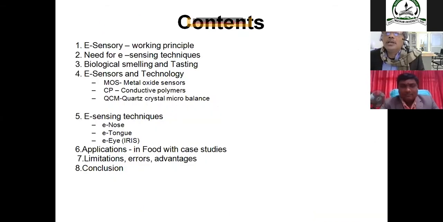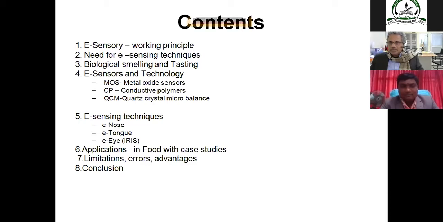So, coming back to our actual lecture, biosensing. Before that, let me tell you the topics I cover in this lecture. We will mostly discuss the e-sensor. We will not discuss chemical sensors or other sensors, though in some slides I can show you the optical sensor, on which we have already started working. Then I will discuss why we need e-sensing.